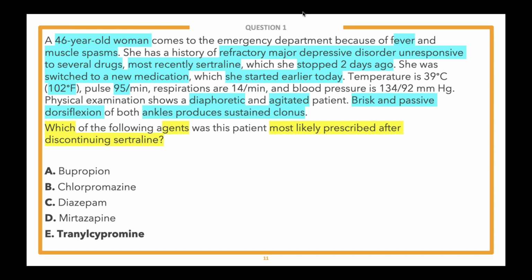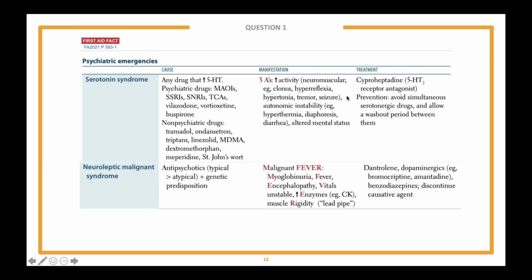Well, we also know that she's diaphoretic, she has a fever, she's agitated, and she has sustained muscle clonus. So these should really be pointing you towards serotonin syndrome, okay? And actually on the next slide, Sean has gone ahead and pulled up a table looking at some of those psychiatric emergencies, of which serotonin syndrome is one.